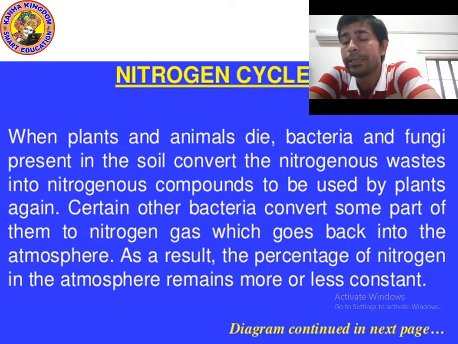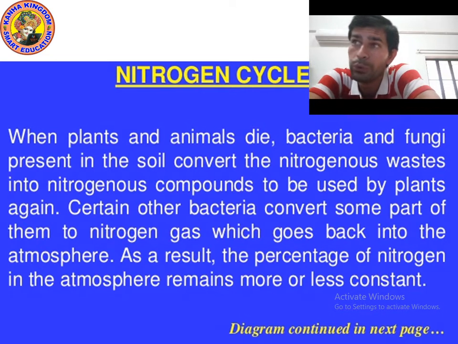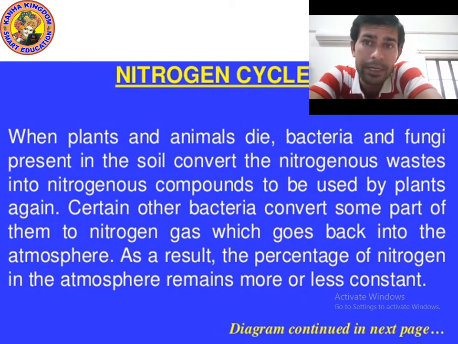When plants and animals die, bacteria and fungi present in soil convert the nitrogenous waste into nitrogenous compounds to be used by plants. First of all, what happens? Animals eat plants. It means the animal is getting nitrogen and protein compounds from plants.